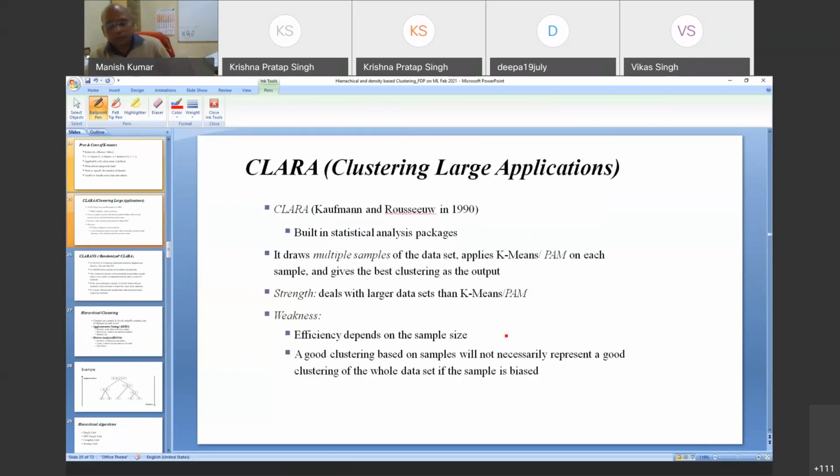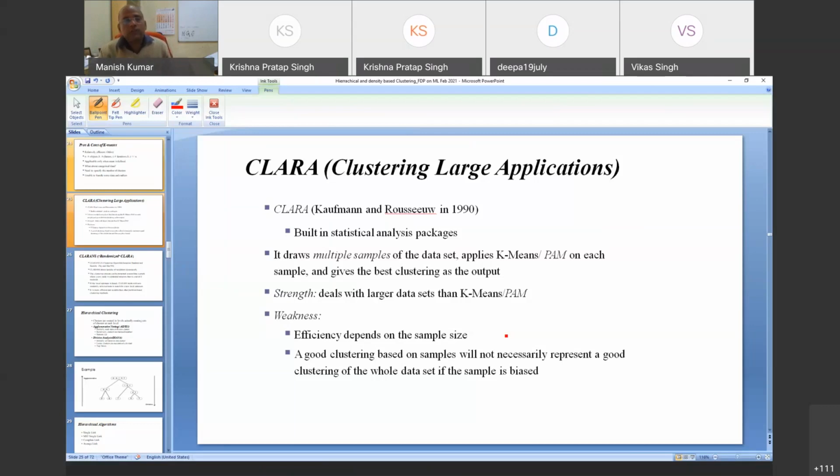Instead of executing the entire algorithm on the entire data, you can execute the algorithm on multiple samples of the data set, and the moment you get the clusters, the rest of the data can be mapped to those existing clusters.